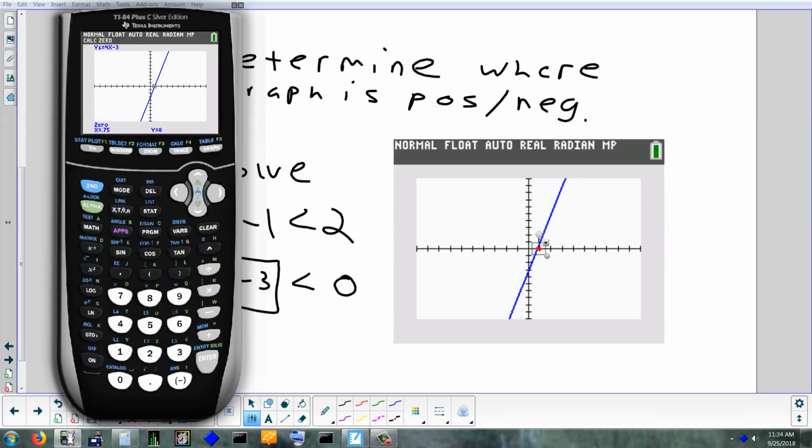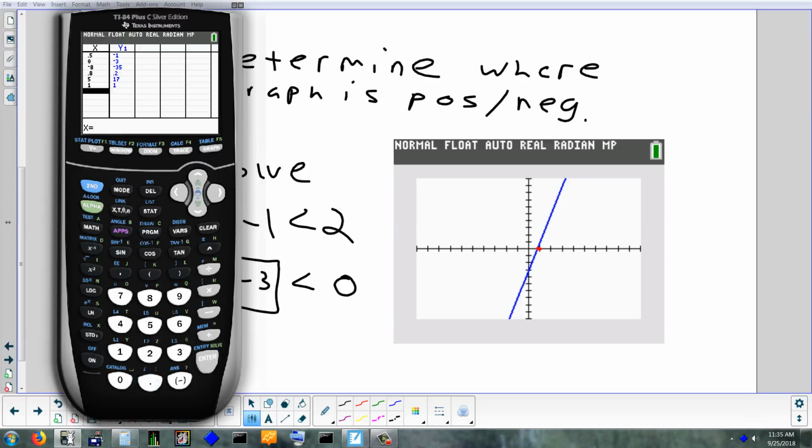So if you plug in any number smaller than 0.75, like 0.5 or 0 or -8, I will always get values that are less than 0. If you plug in numbers bigger than 0.75, like 0.8, 1, any number bigger than 0.75 will give you values greater than 0.